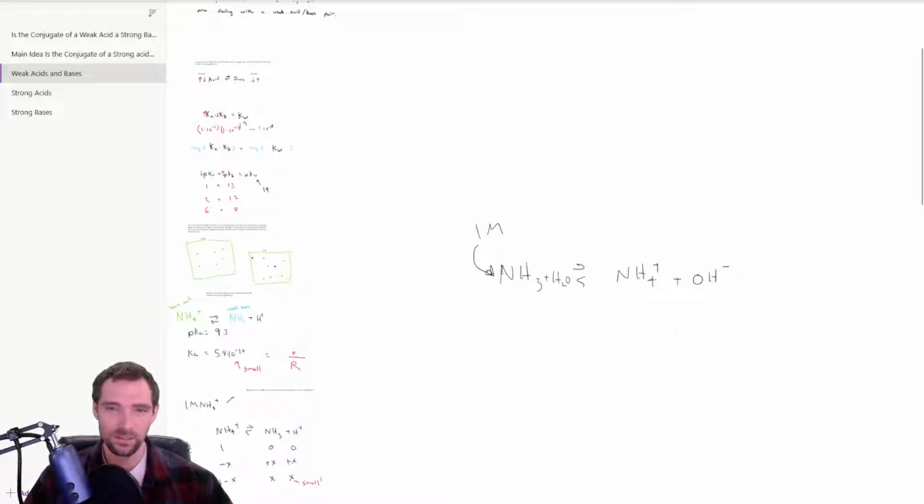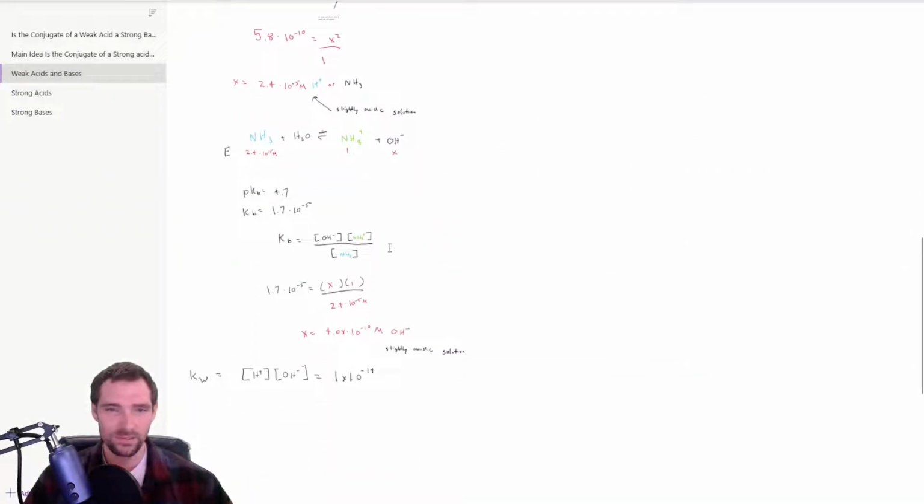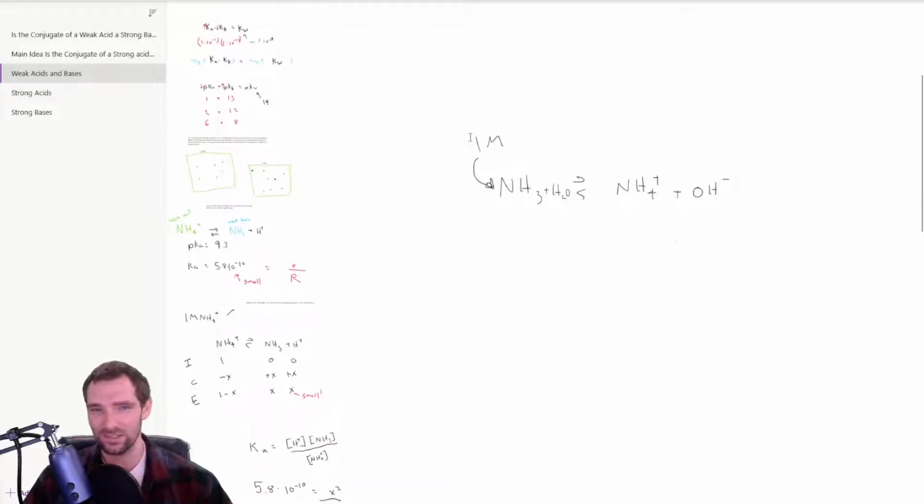So if we are working with the conjugate base, we're kind of doing the reverse in terms of what's going to be more or less produced. If you were working with the conjugate base and letting it dissolve, it will make the solution slightly basic. If you're working with the conjugate acid, you let that dissolve, it'll make the solution slightly acidic. It depends on those initial conditions.